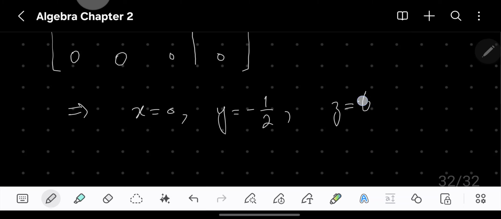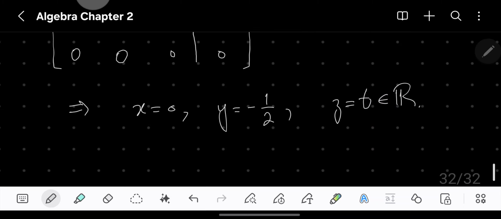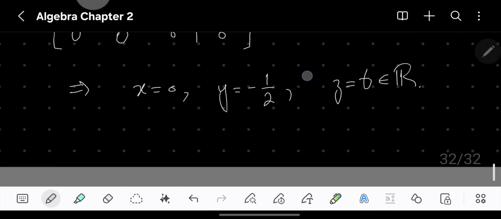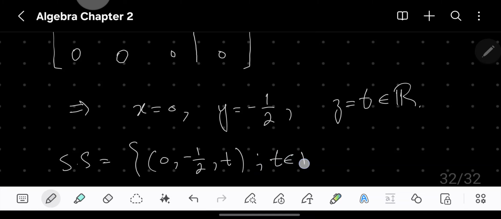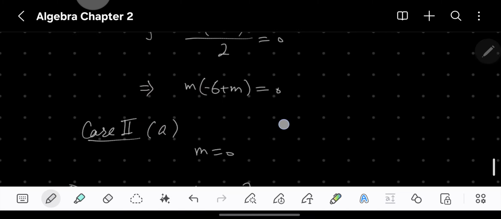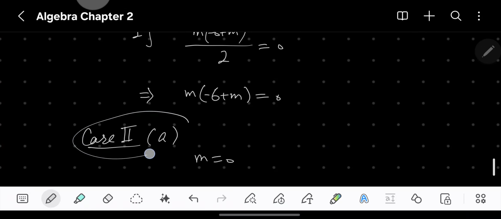That means I can write z is equal to t, where t belongs to real numbers. So that means there are a lot of solutions. I will write the solution set in this case: x is 0, y is minus 1/2, and z is t, where t belongs to R. So this is case 2a.